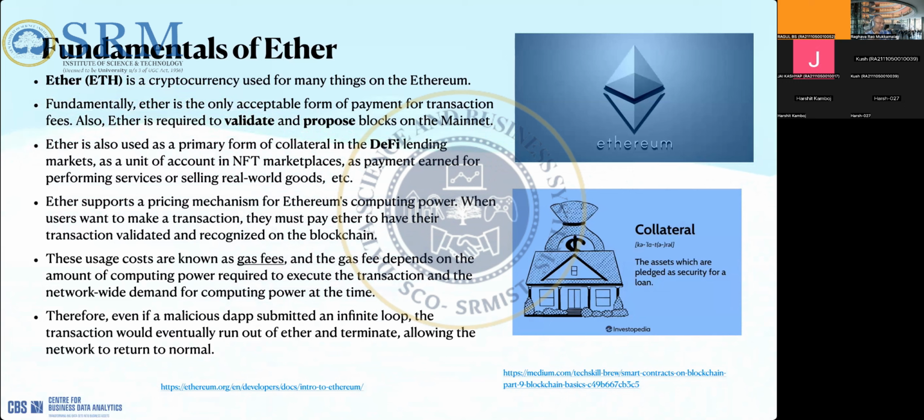So then they came up with a scheme where users have to pay for computation. They have to pay proportional fees for the computation so that the transactions are verified and put into the blockchain. Therefore, even if you write buggy code, let's say you have an infinite loop in the smart contract, you have to pay gas for each step of execution, and the execution model, as we have seen last time, goes step by step in a stack-based programming language.